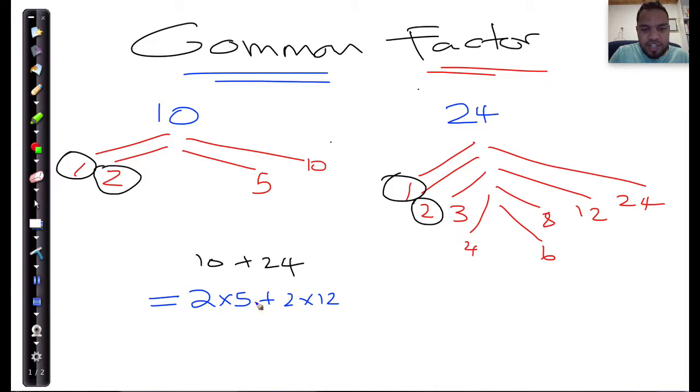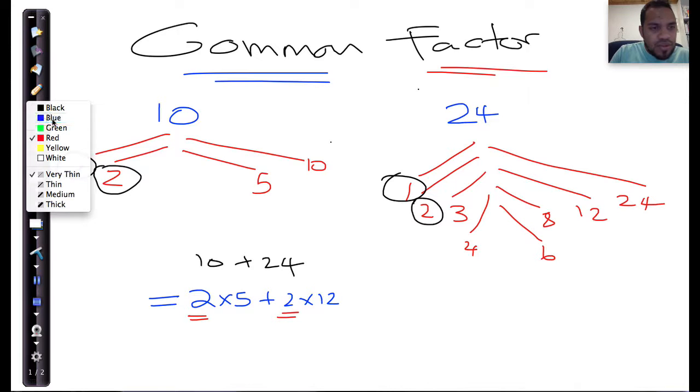It's still an expression, not completely factorized, because I have something times something plus something times something. I want something multiplied by something, not something plus something else. Now, what is common in each of these? Do you see that the 2 is in both of these? Let's take that 2. That 2 is what we consider a common factor.